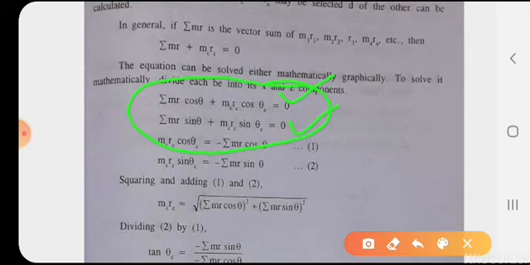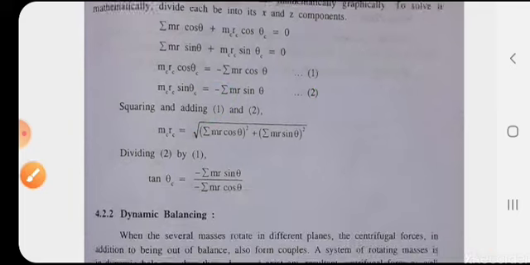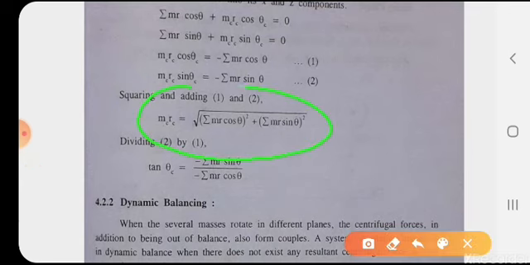We call these equation number 1 and equation number 2. By squaring and adding equations 1 and 2, we can write mc rc equal to the square root of (summation of mr cos theta) square plus (summation of mr sin theta) square.